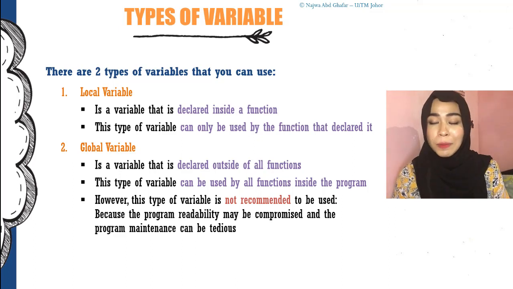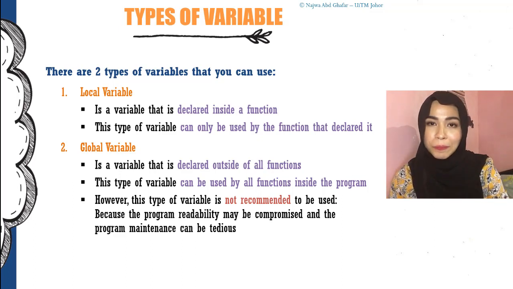That person can use this pen, that person can use this pen. Since everyone is sharing the same variable, the data can be jumbled up. Since everyone is using it, it's hard for you to keep track of what is actually inside that variable. That's why we don't recommend using a global variable.